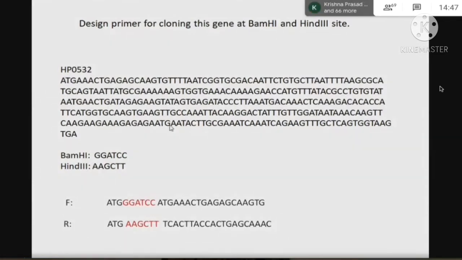Otherwise, we will get a small protein, a deleted protein, a truncated protein. So here we don't have an option. We should take from the start, unless in very rare cases you are not getting amplification or something else. Otherwise we should amplify from the starting sequence up to a stop codon.